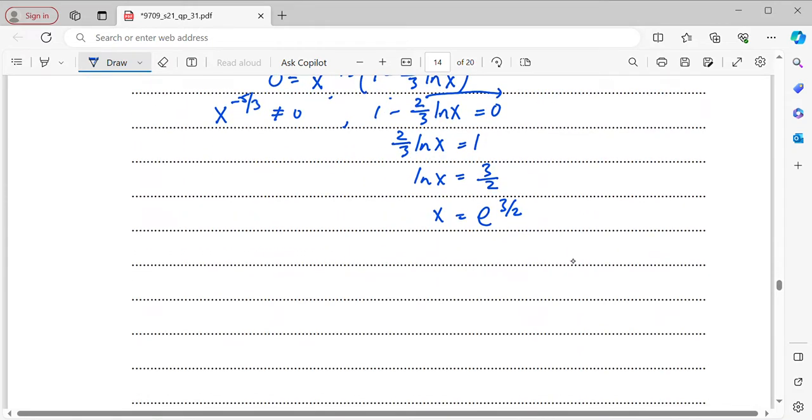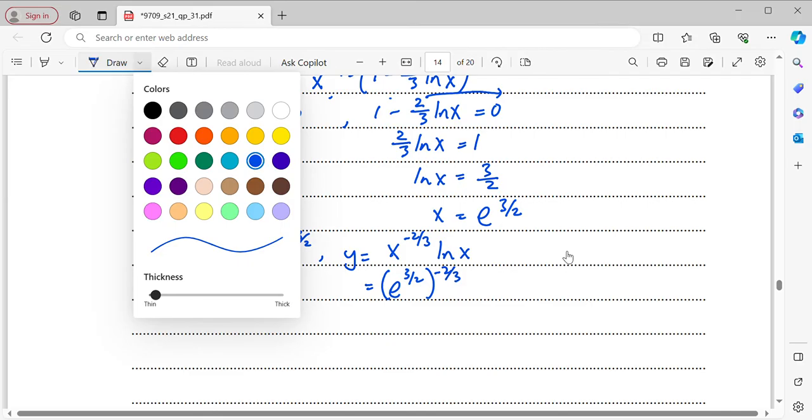So x equals e to the power of 3 over 2. The y is x to the power of negative 2 over 3 ln x. So this is going to be e to the 3 over 2, but with degree of negative 2 over 3.